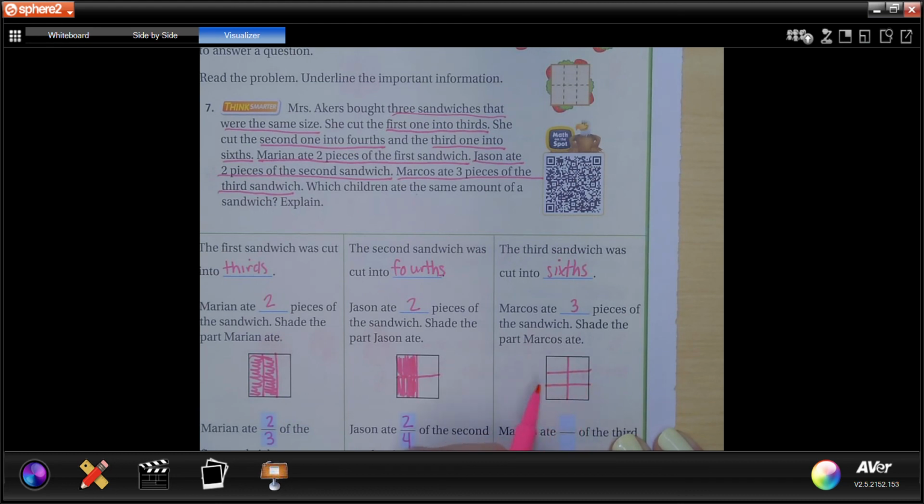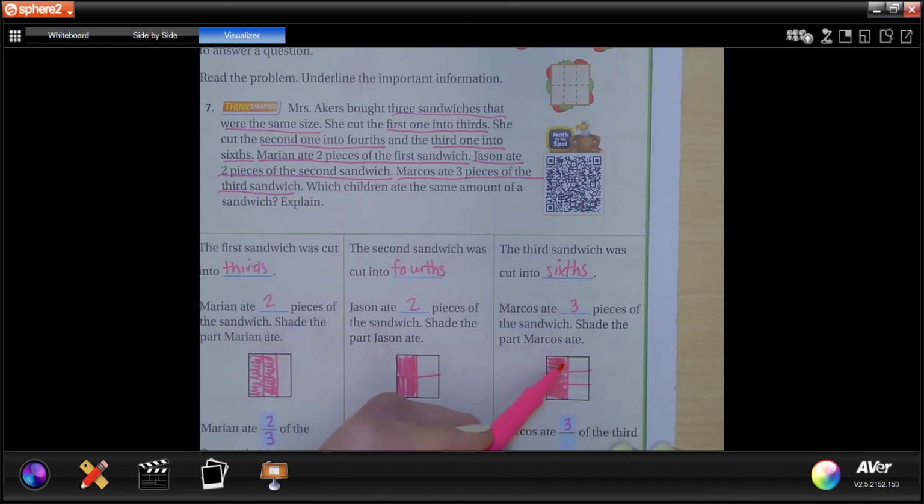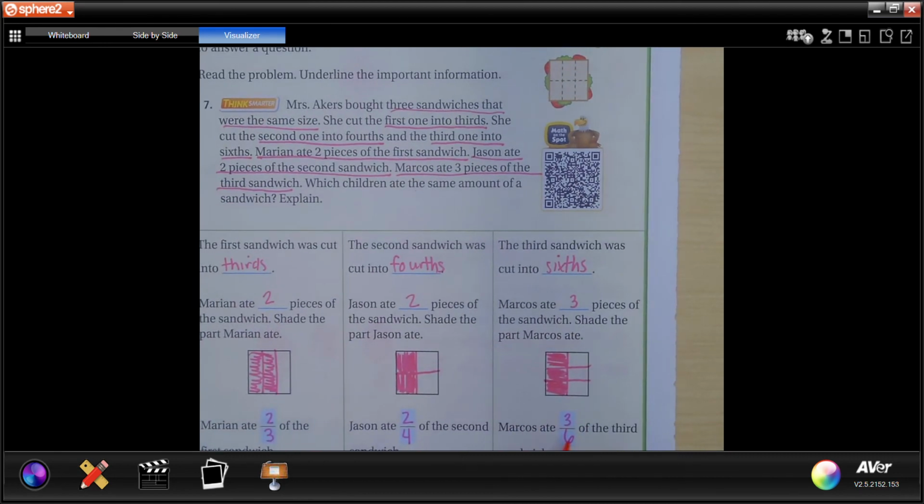Six equal parts, and he ate 3. 1, 2, 3. So he ate how many? 1, 2, 3. Out of how many altogether? 1, 2, 3, 4, 5, 6. So Marcos ate 3/6 of the third sandwich.